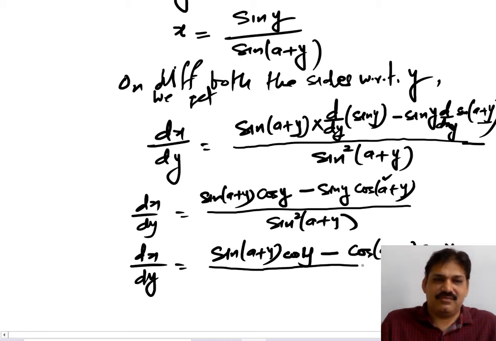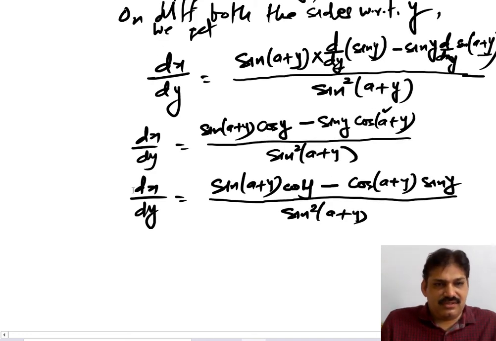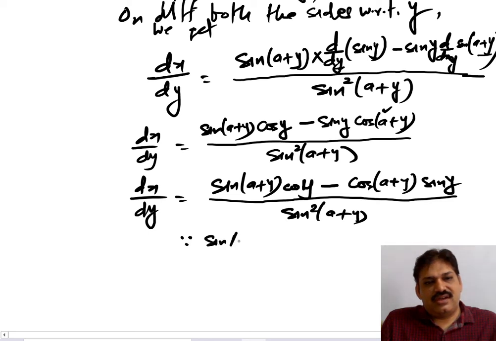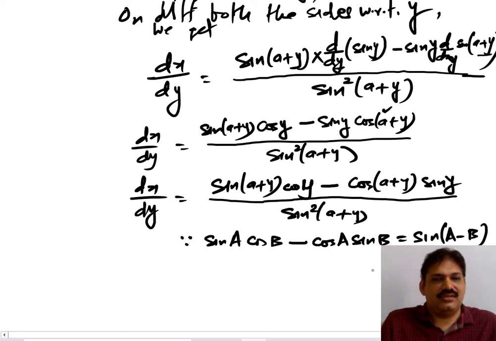Sin a cos b minus cos a sin b is nothing but sin(a minus b).